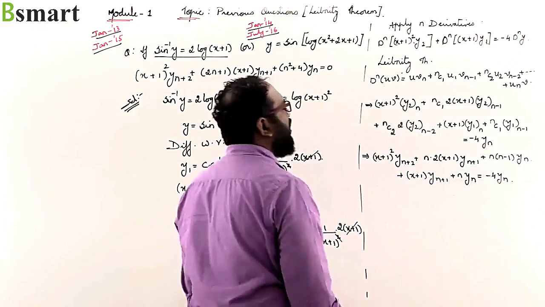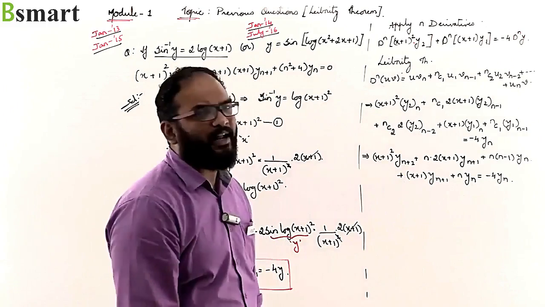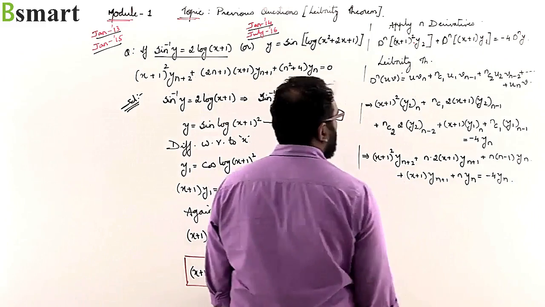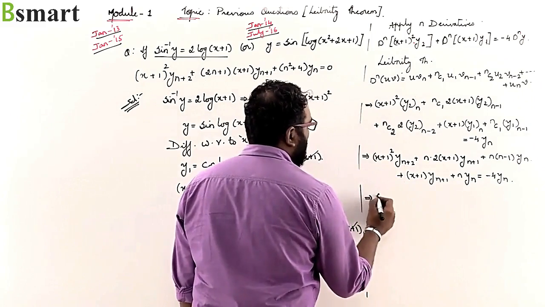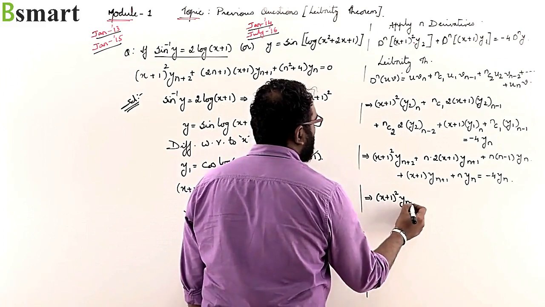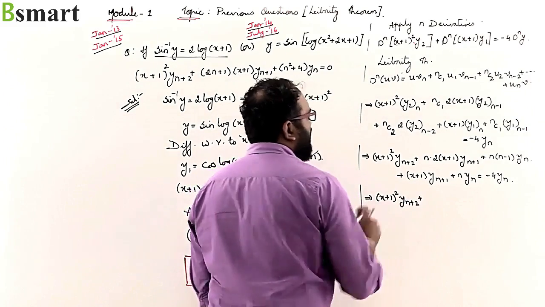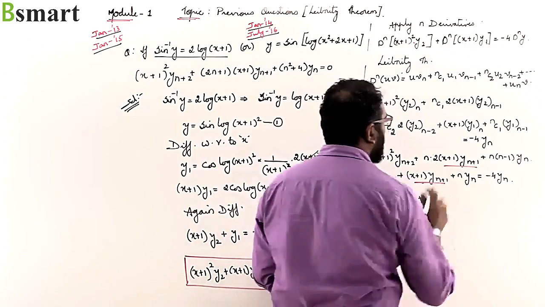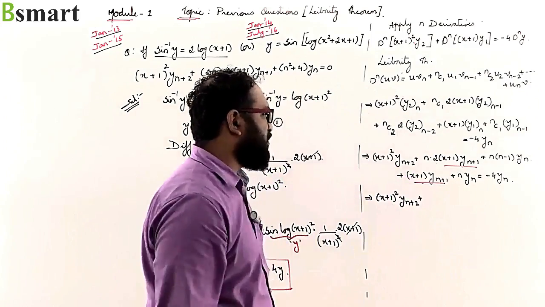Now bring all the yn plus 2, yn plus 1 and yn terms separately. So that implies (x plus 1) whole square into yn plus 2, plus, from these two terms I'll take out (x plus 1) into yn plus 1 common.